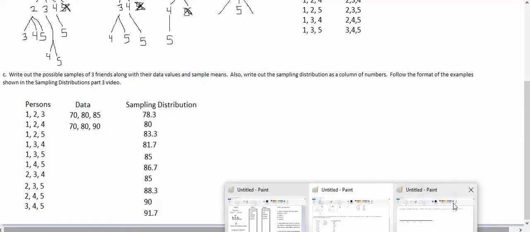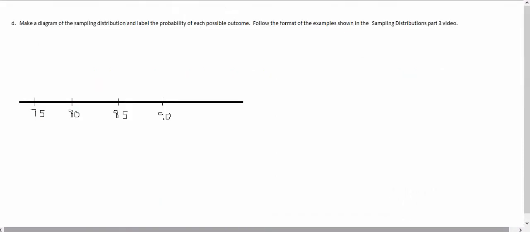You can just use whatever tick marks you think are appropriate. I'll let you use your own judgment. And what I need to do now is just plot the sampling distribution, those 10 numbers on this diagram. So I'm just going to make some X's on here to show the data values. I'm sorry, the numbers inside the sampling distribution.